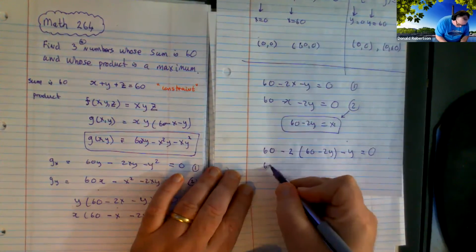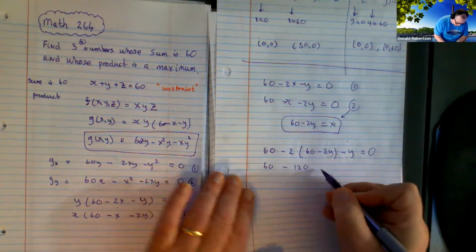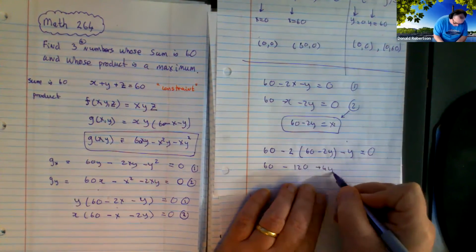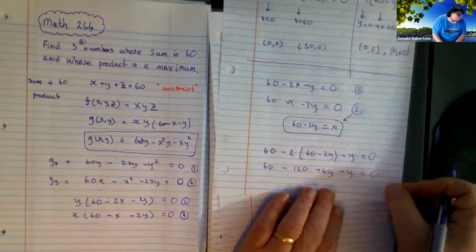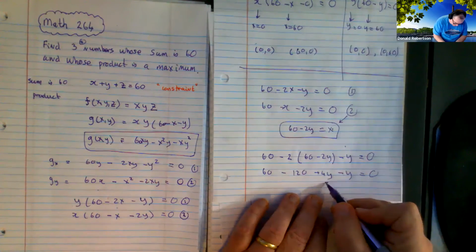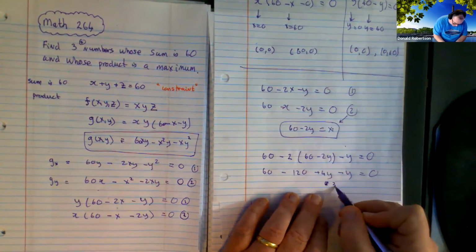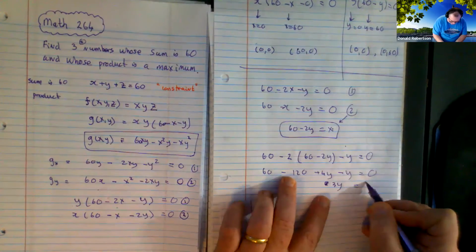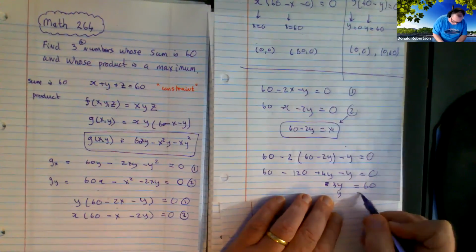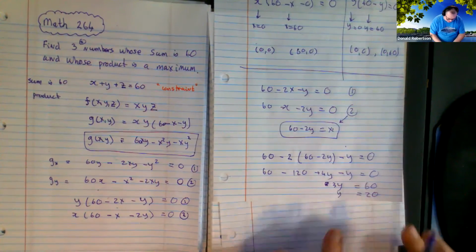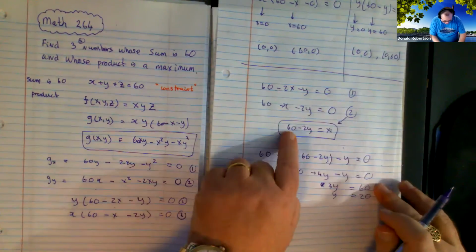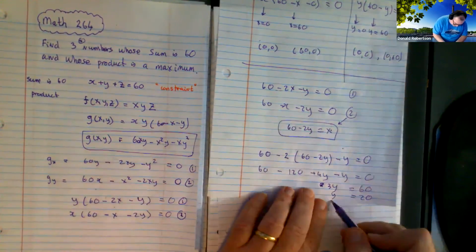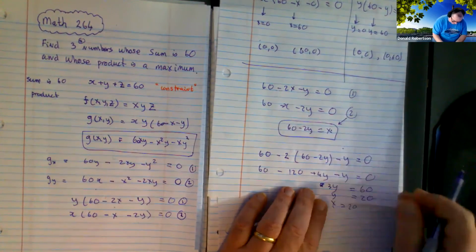I get 60 take away 120 plus 4y take away y equals 0. I get 3y equals 60. I get y is 20. And if y is 20, and I put it back in here, x is 60 take away 40, so x also happens to be 20.